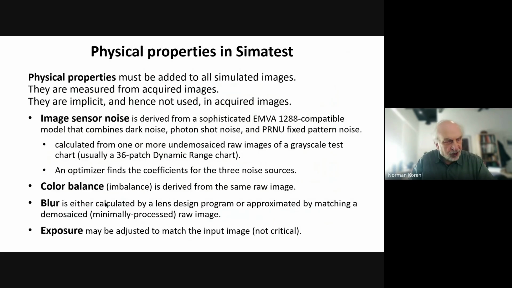That's what we have done in the example here. We can also make an adjustment in exposure to match the input image. This is a less critical adjustment. The key thing is you need to know the physical properties of the system when you are running the Simatest simulator.